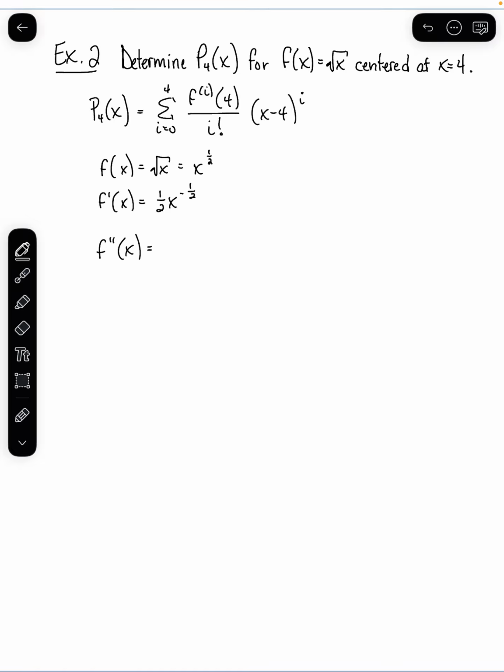Then we're going to need the second derivative, which is going to be negative 1/4 x to the negative 3/2. We will need the third derivative, which will be positive 3/8 x to the negative 5/2. And then we need the fourth derivative, which will be negative 15 over 16 x to the negative 7/2.